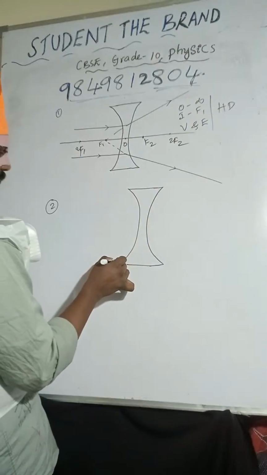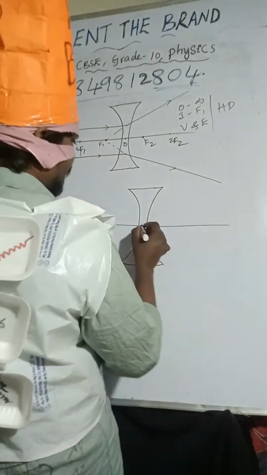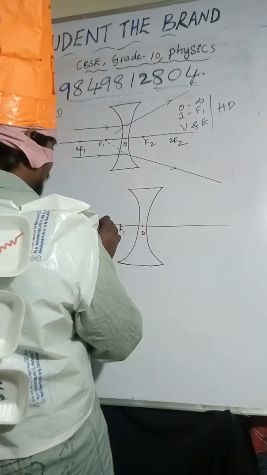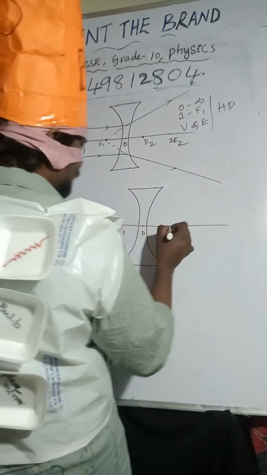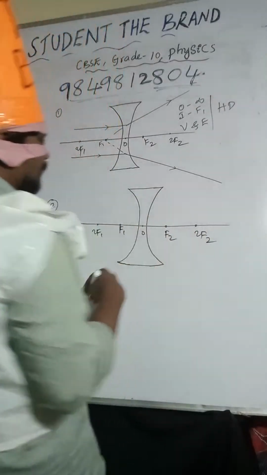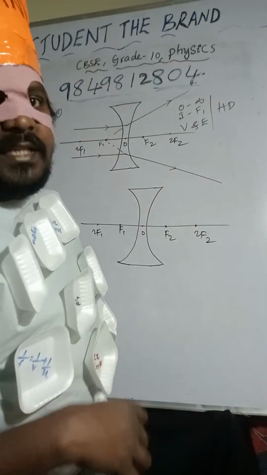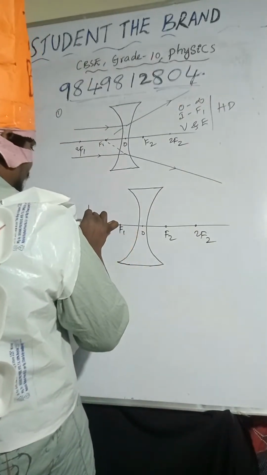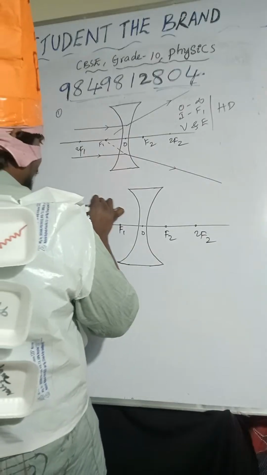Optic center, F1 to F1, F2 to F2. Okay, object is placed anywhere between optic center and infinity.